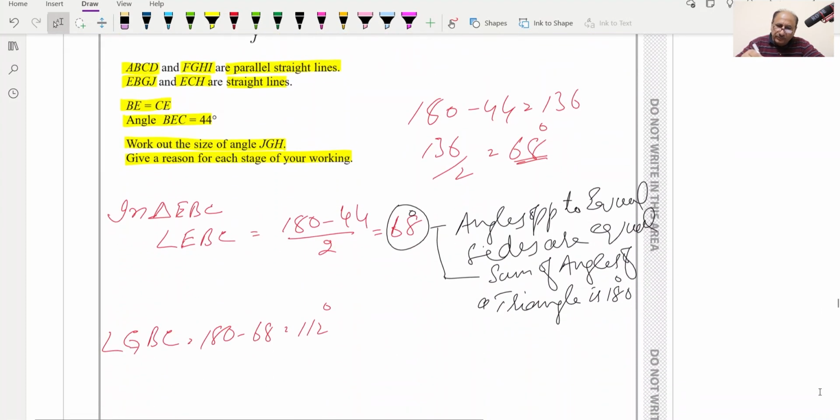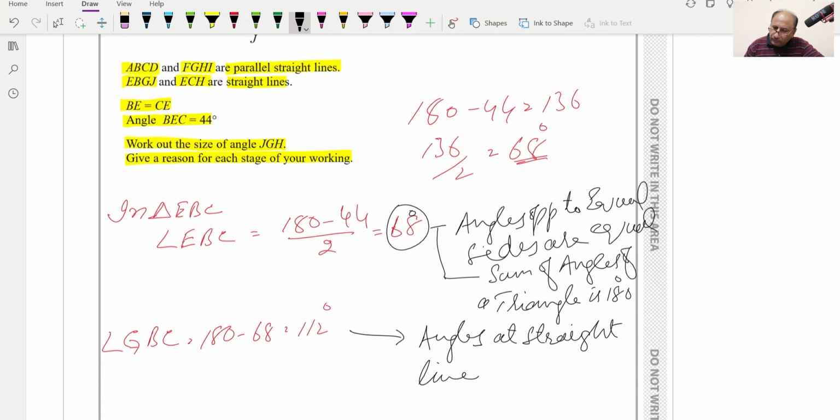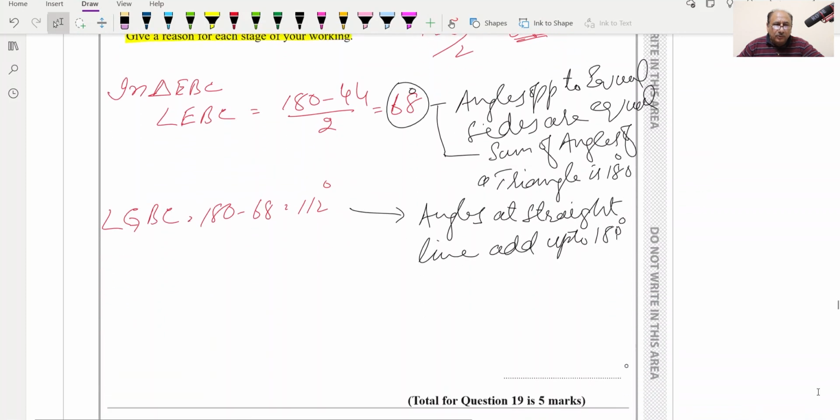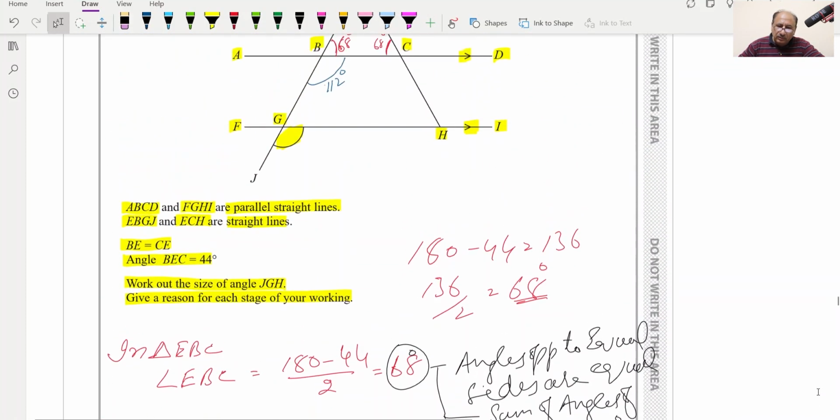And we will write the reason for this: angles at a straight line add up to 180. Now this angle will also be 112 degrees, and we can give the reason for that one.